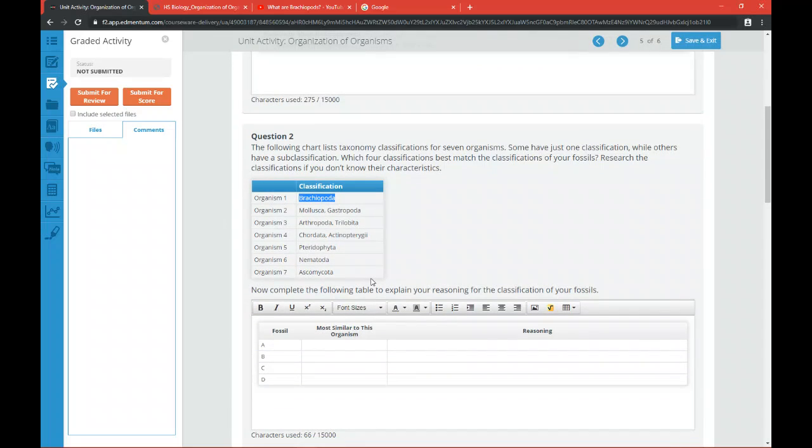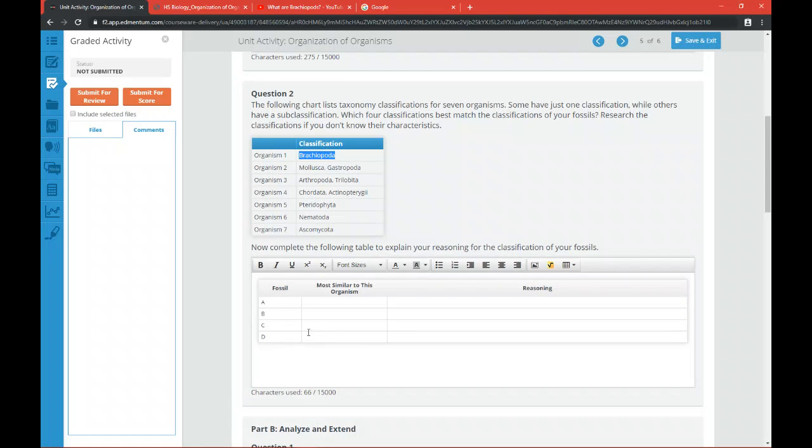But now I can go to part number 2 and say for organism D, organism 1 is the one it's most similar to. So you can just type in organism 1. And then you can give the reasoning. And you can explain that brachiopods were shell-like creatures that lived in the sea and look very similar, if not identical, to the picture.